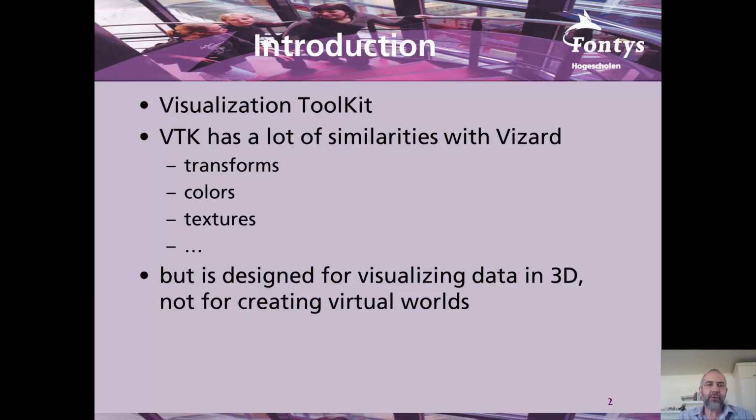VTK is short for Visualization Toolkit. That's a toolkit, a library that we use to visualize data. So imagine you have a big set of data, which is basically numbers, and you want to show that to somebody. Showing that person the numbers is not going to be very useful because people have difficulty understanding numbers.